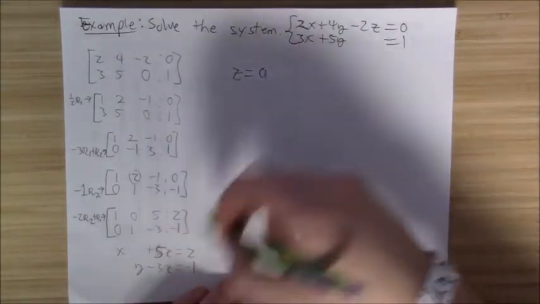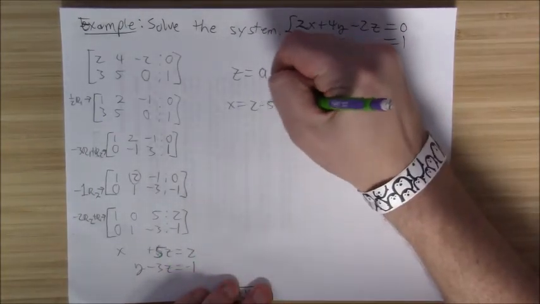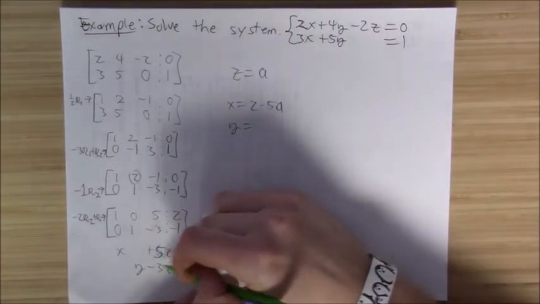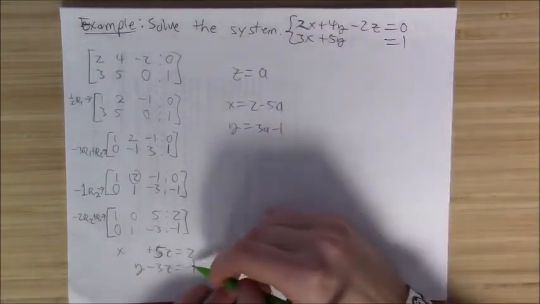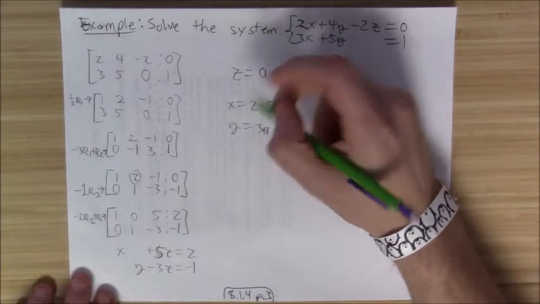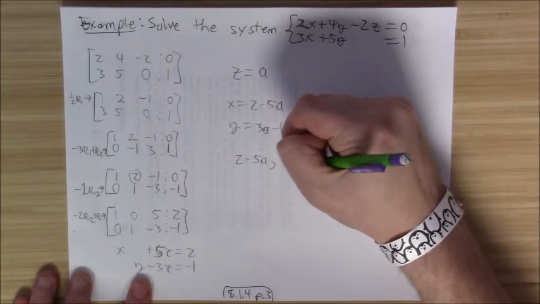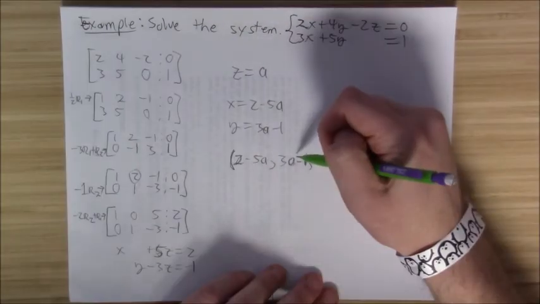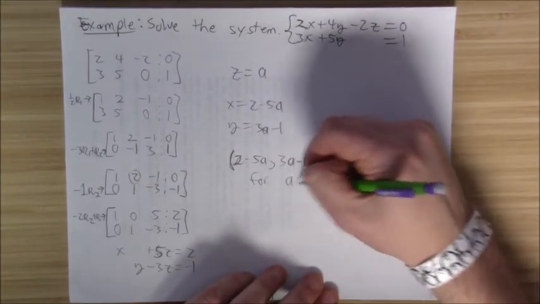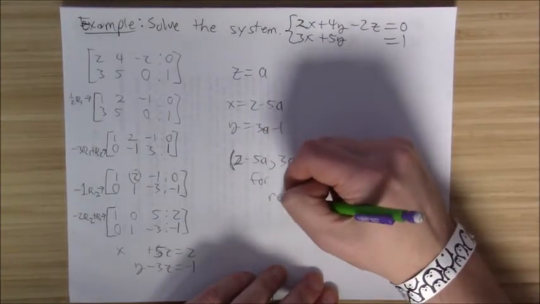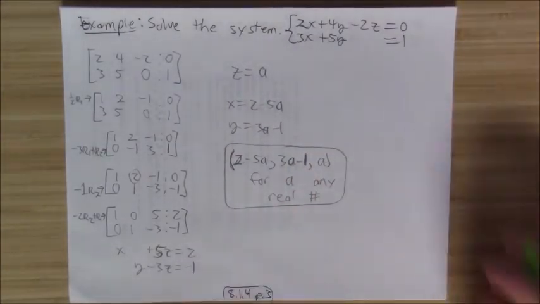Doing so will give us that x is equal to 2 minus 5a, and y will equal 3a minus 1, using that equation. In other words, we have 2 minus 5a, comma 3a minus 1, and then a, for a any real number. So that'll be our solution.